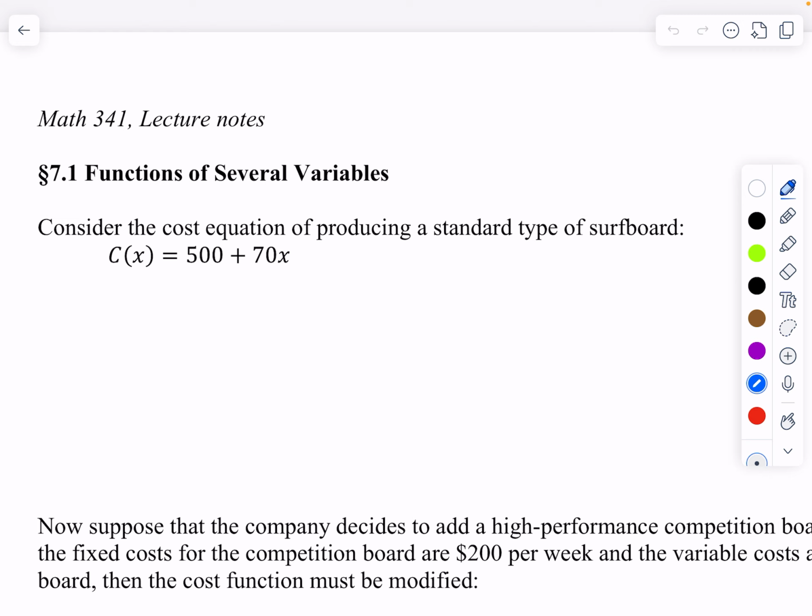So this would be a weekly cost function for producing x number of boards per week.